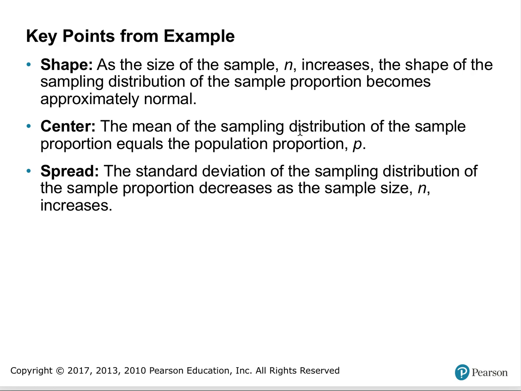The mean of the sampling distribution of the sample proportion equals the population proportion p. The spread, the standard deviation of the sample proportion, decreases as the sample size increases. Okay, same key points we had from last time, remember, when we were talking about the sample mean distribution.